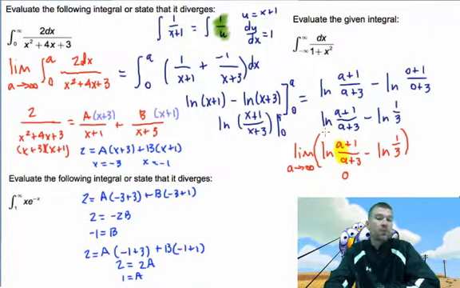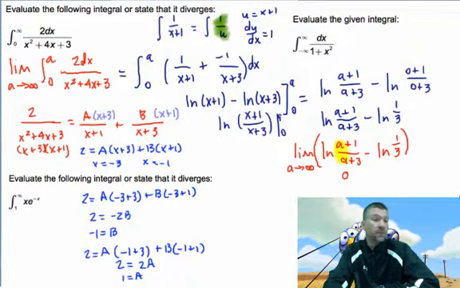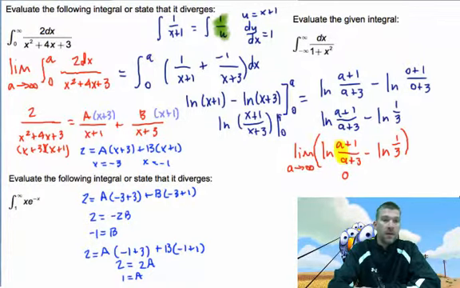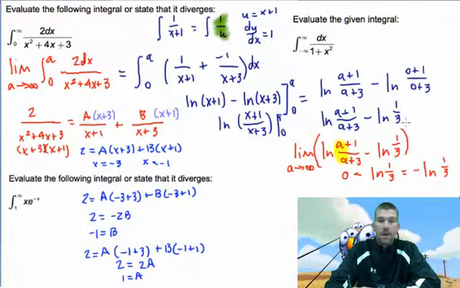As you get really close to 1, the natural log of 1 is 0. So what we end up with is 0, and then minus the limit of a constant is just that constant. So we should get negative natural log of 1/3 for a final answer on this partial fraction problem.